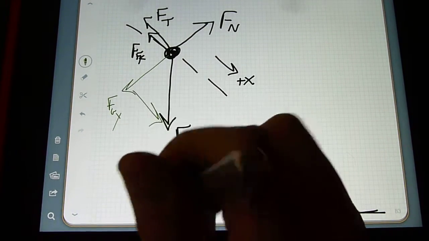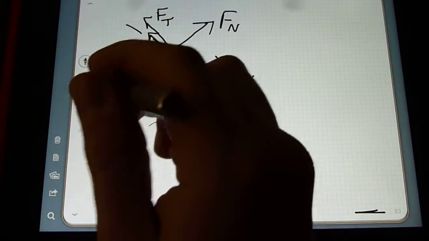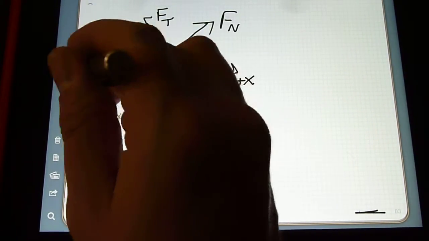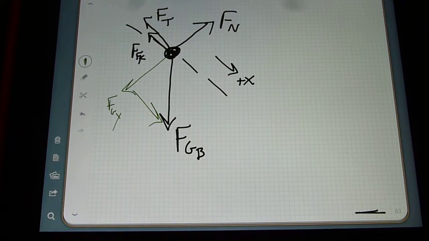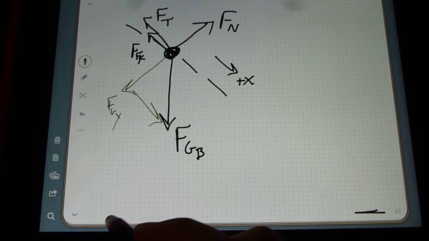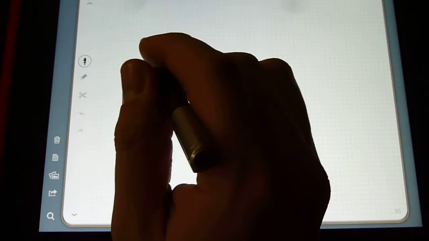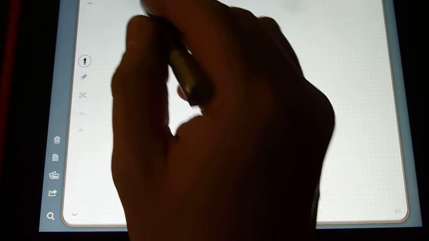So let's write that in our equation. I'll give you a second to look at that force diagram. I'm not going to delete it, because I want to be able to go back to it, and I'm going to write my equation based off of that diagram.